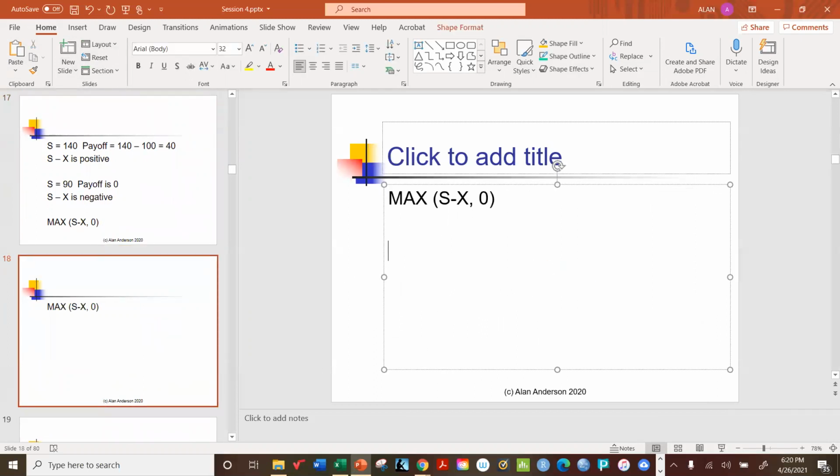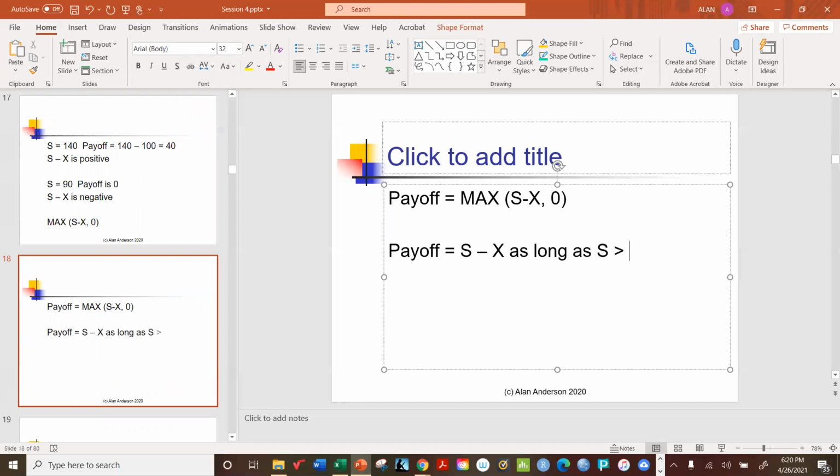Which is the same thing as saying the payoff is S minus X as long as S is greater than X. The payoff is zero if S is less than or equal to X. Okay, so that's really all that it's saying.